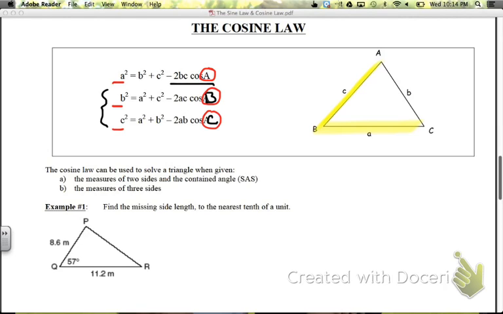So we're going to go straight ahead and look at an example here. We want to find the missing side length to the nearest tenth of a unit.